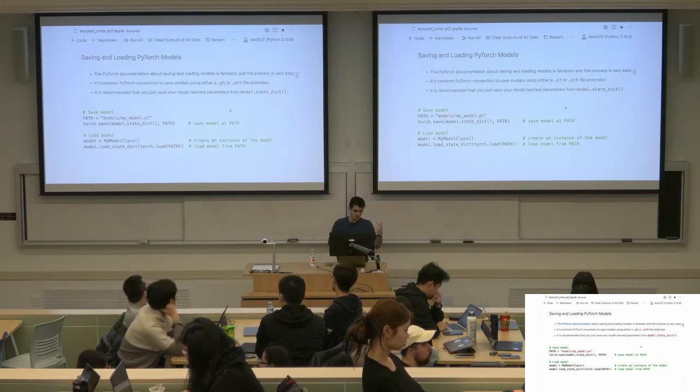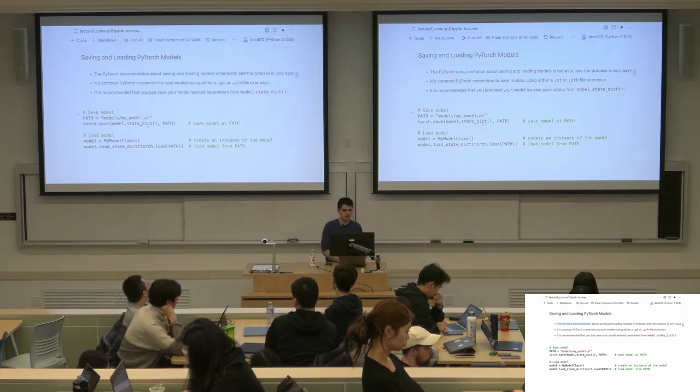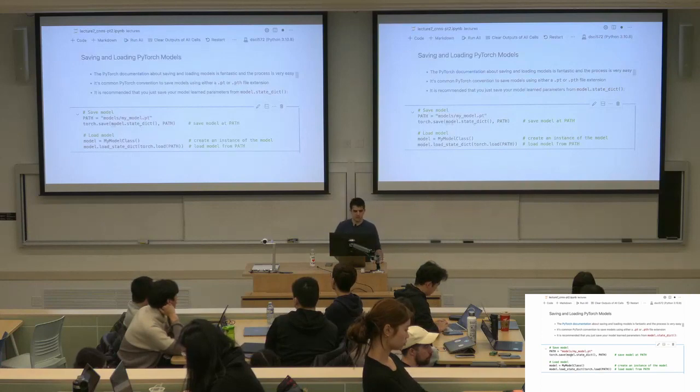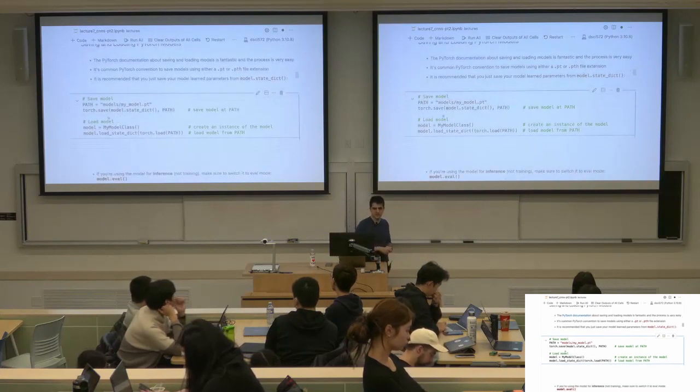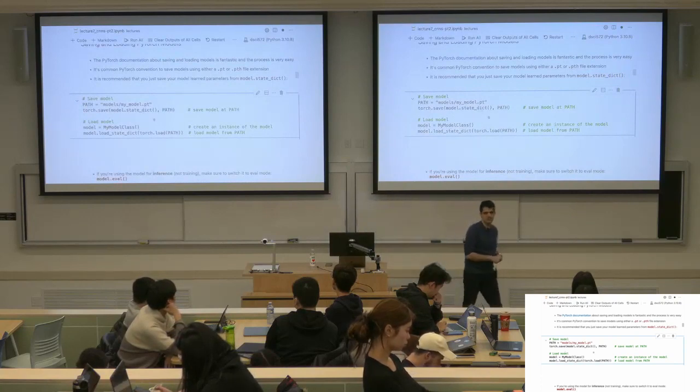We don't want to retrain everything every time that we restart the kernel in our notebook. So we can store the parameters of the model into a file. PyTorch again makes that super easy for us: torch.save, and then we pass the state_dict attribute, which stores the weights and biases of the model.